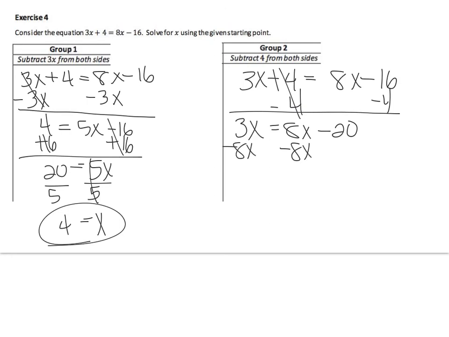Subtract 8x from both sides because I need that variable to be by itself. Negative 5x equals negative 20. I'm going to divide by negative 5. I'm left with x equals positive 4.